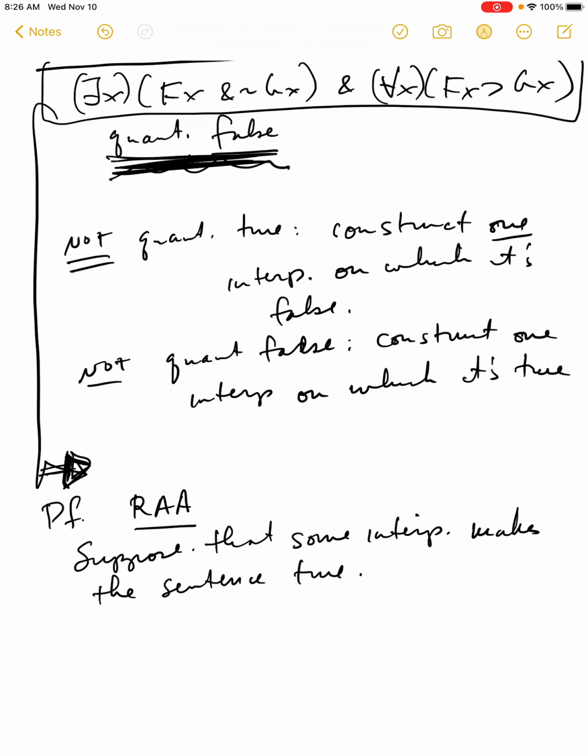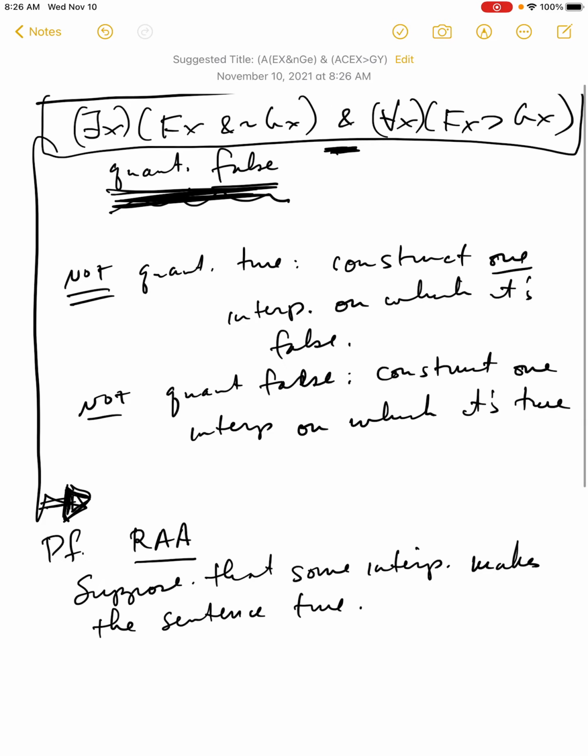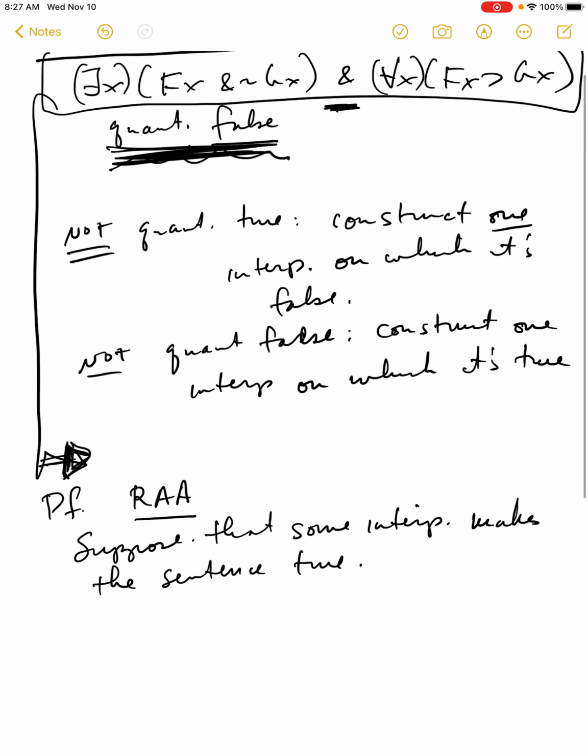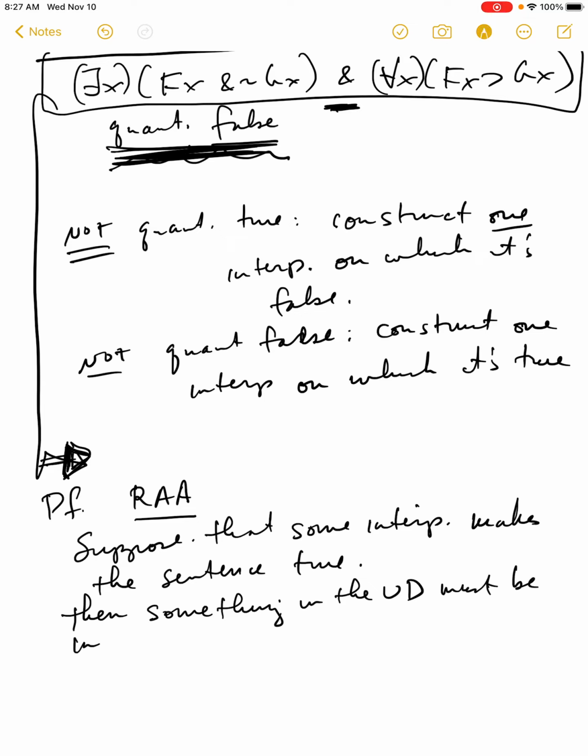Okay? So if it makes the sentence true, then, since the main operator of this sentence is the ampersand, it has to make both of those conjuncts true. So if it were to make the first conjunct true, then something in the universe of discourse of that interpretation that we're supposing exists must be in the extension of F, right?